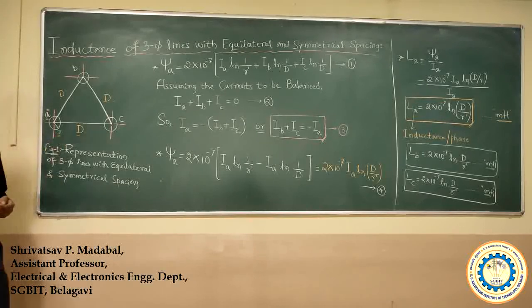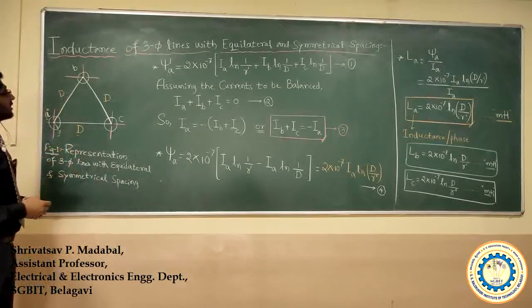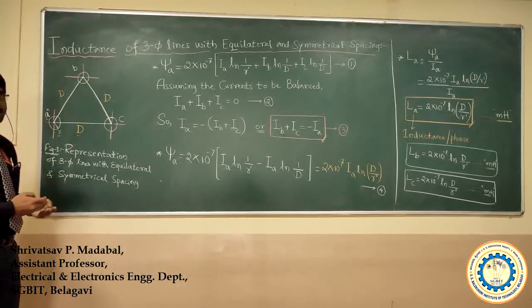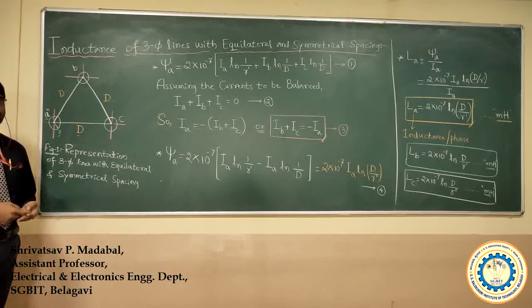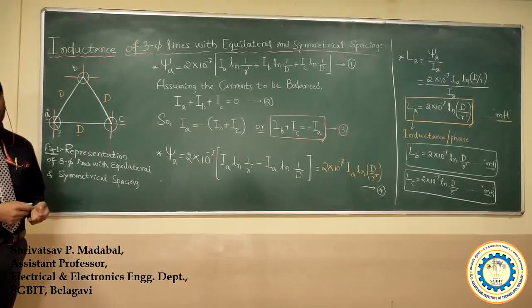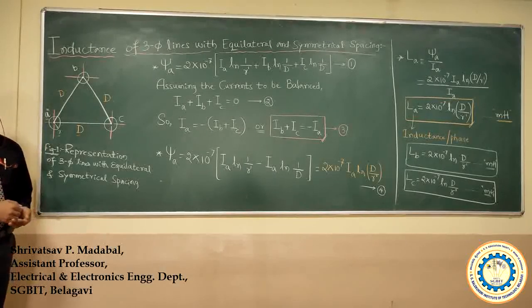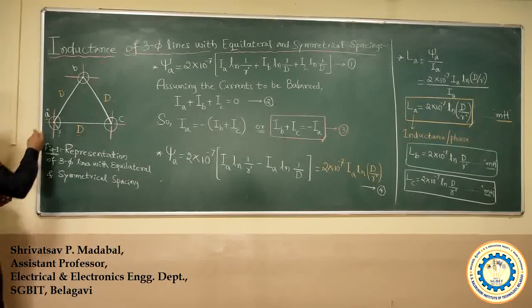Okay, equal radius R. So the derivation is with respect to calculating the inductance of a three-phase line. The inductance is given by flux linkage per current. So keeping that in mind, first let us try to find out the value of flux linking with respect to any of the conductors. Let us start with conductor A itself.